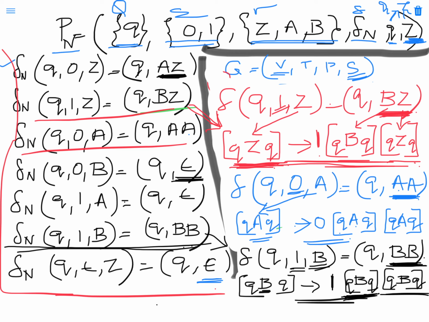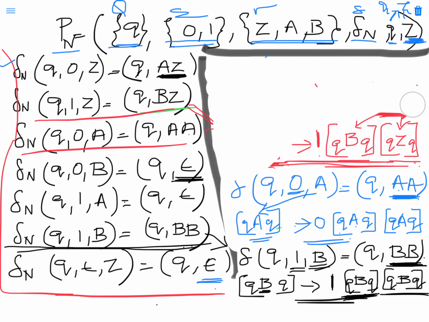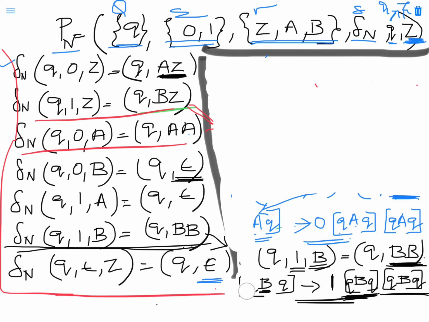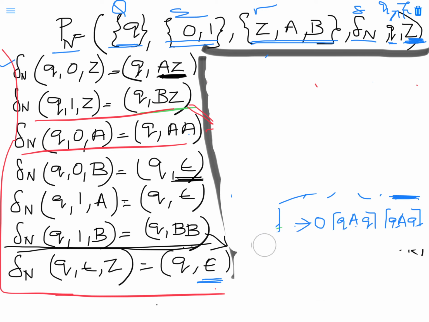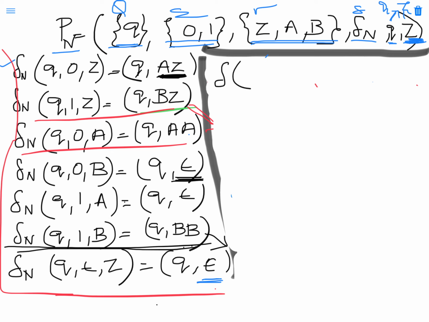So in such a case, what you have to do is, you can take an example, del of (q, 0, B) is equal to (q, epsilon). So this is the function we are considering.